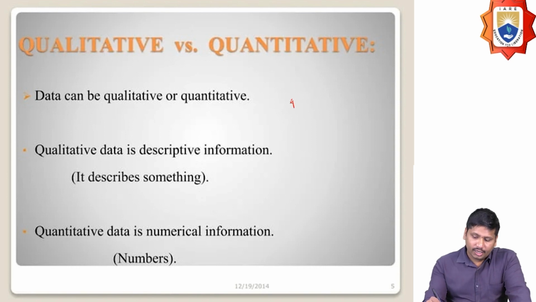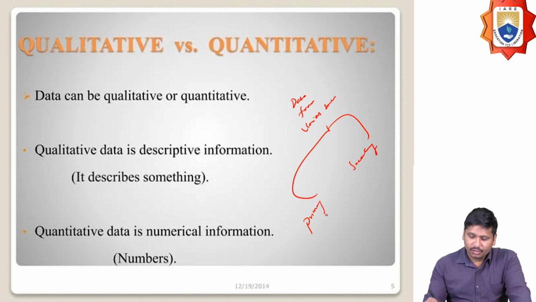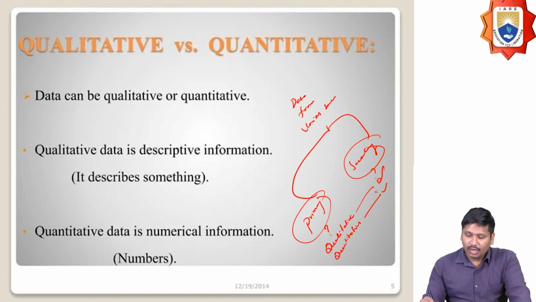The data that we get from various sources, like primary and secondary, we have to identify whether it is qualitative or quantitative.